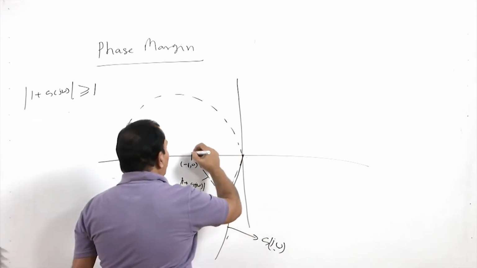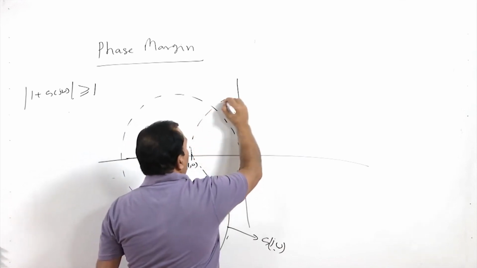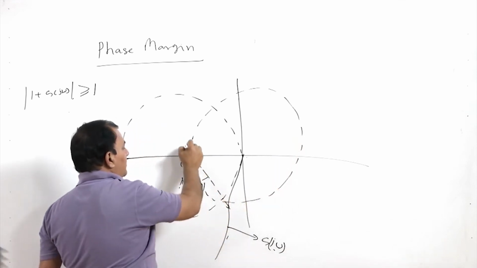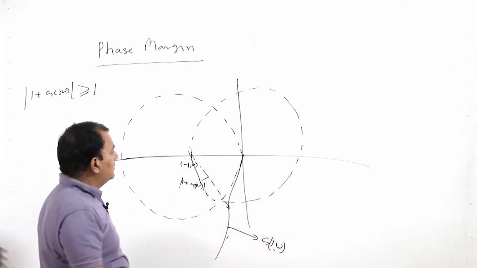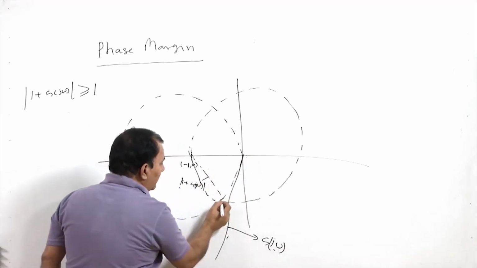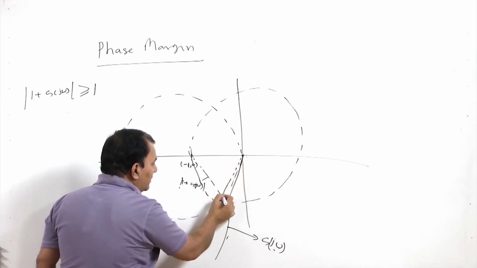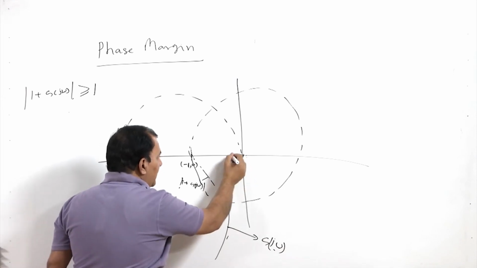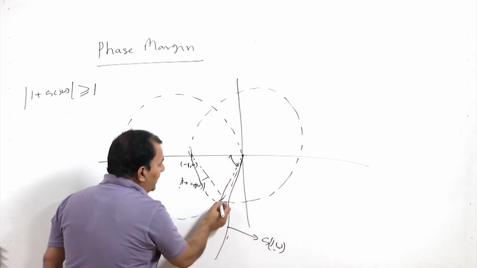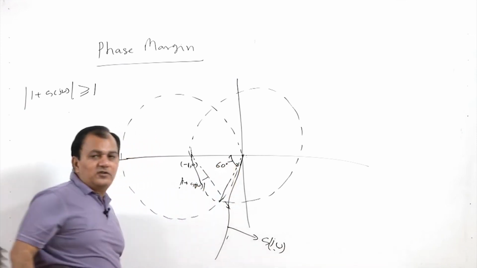So, to get the phase margin, I draw a unit circle centered at origin, and the minimum phase margin in this system is where my Gj omega will be tangent to this, and this will be nothing but my 60 degree.